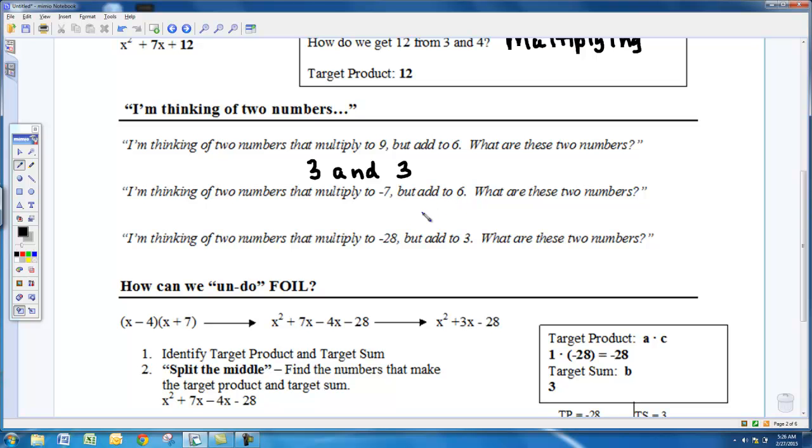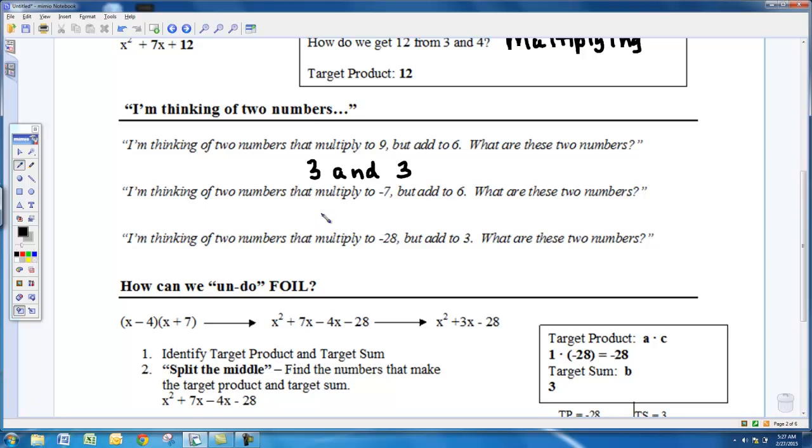How about two numbers that multiply to -7 but add to 6? If they're multiplying to -7, we know one needs to be negative and one needs to be positive. And we also know that we want them to add up to a positive number.